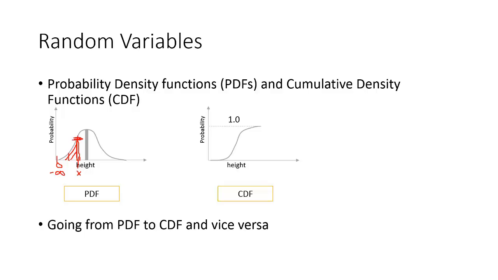The CDF describes, okay, so this is your point x. The PDF describes the height of this curve at x, which is why this curve here on the left hand side is the PDF, whereas the CDF describes the area to the left of this point x, and that area is the CDF.